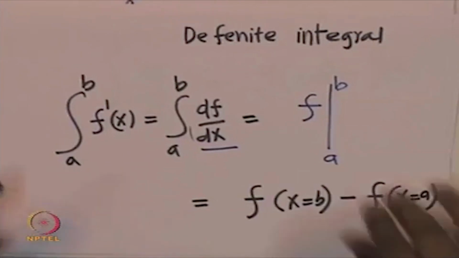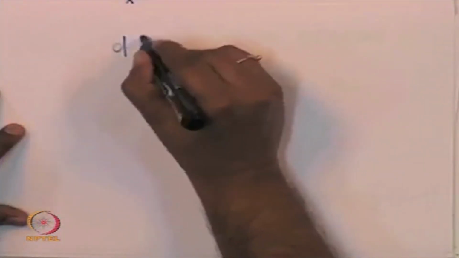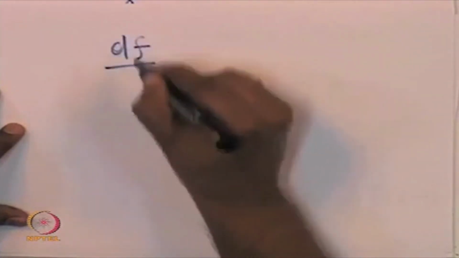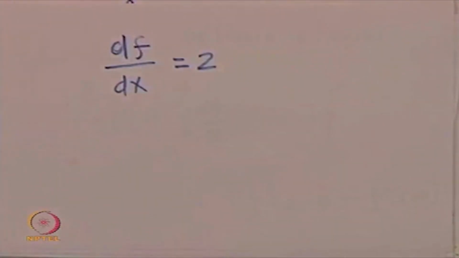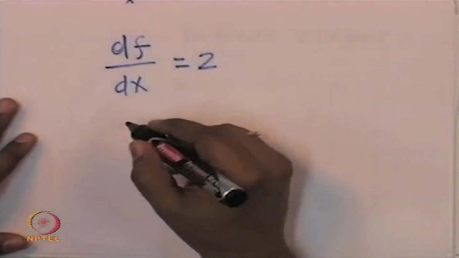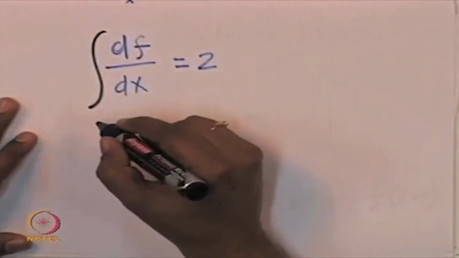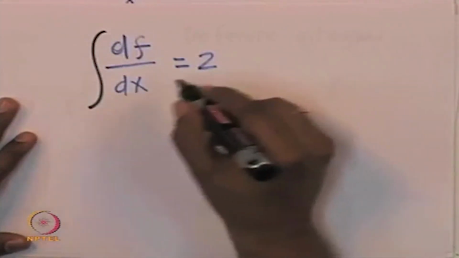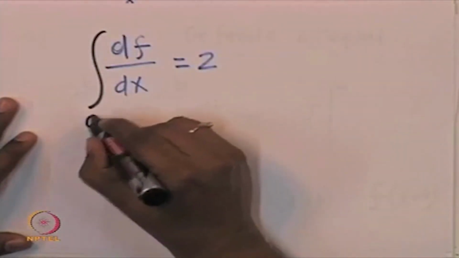Just like we did, we took the first example, df by dx equal to 2, and we want to calculate the integral of this between the 2 points 0 and 1.